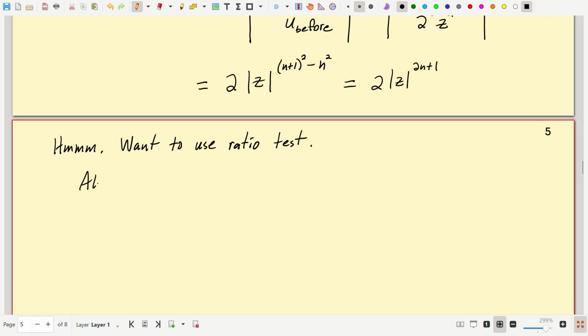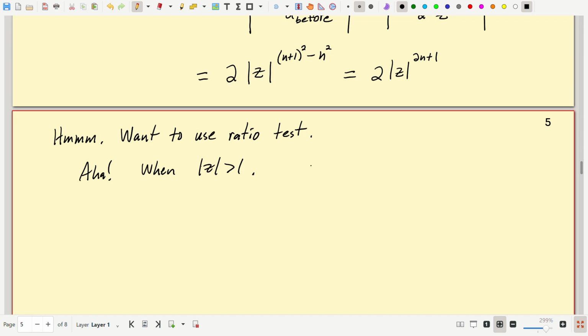So the aha is, when mod z is bigger than 1, the limit of those terms would go off to infinity. And that means you get divergence.